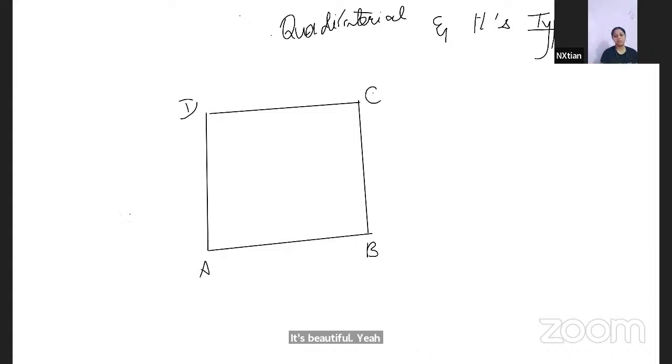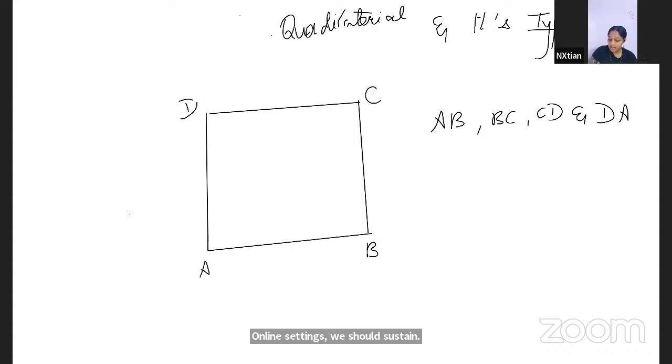Who's going to tell me what the names of these four line segments are? AB, BC, CD, and DA. These are the four line segments. What is a line segment again?